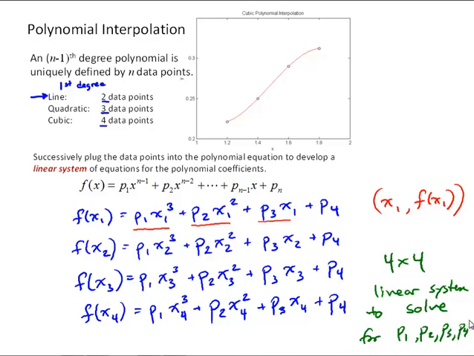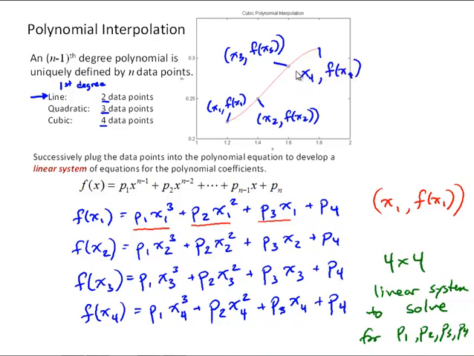Once we solve for p1, p2, p3, and p4, we can use that to evaluate intermediate points. So again, here's our 4 points: x1, f of x1, it's right there. Right here would be x2, f of x2, x3, f of x3, and x4, f of x4.